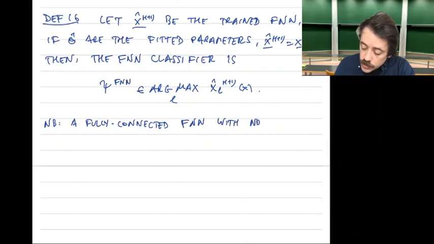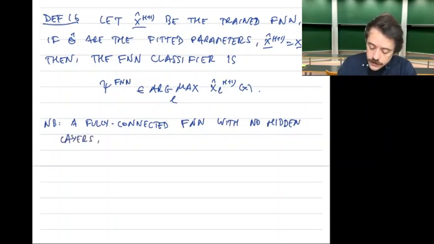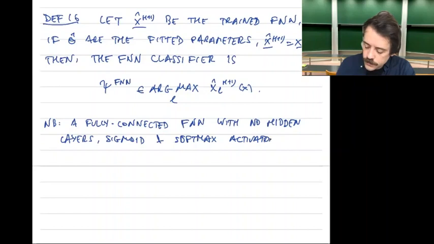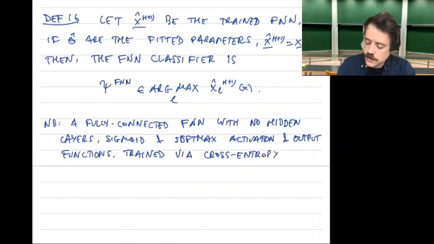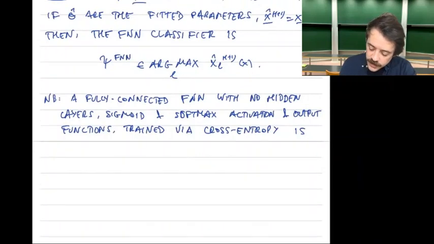with no hidden layers, sigmoid and output, sigmoid and softmax activation and output functions, that is trained via cross entropy, is no more than a logistic classifier.